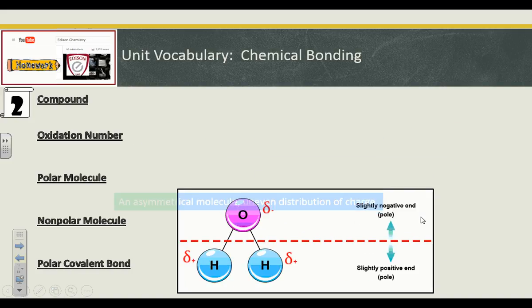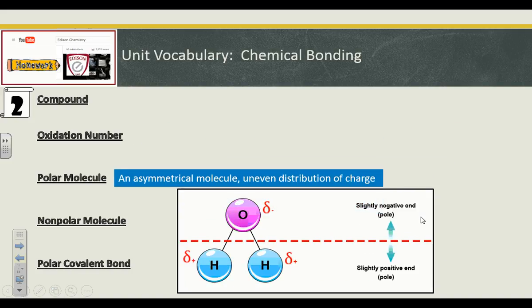A polar molecule. These are not molecules that live at the north and south pole, but you can think of them as having north and south poles. It's an asymmetrical molecule, meaning it does not have a plane of symmetry. It has an uneven distribution of charge as a result. In this example, H2O has a kind of bent shape.